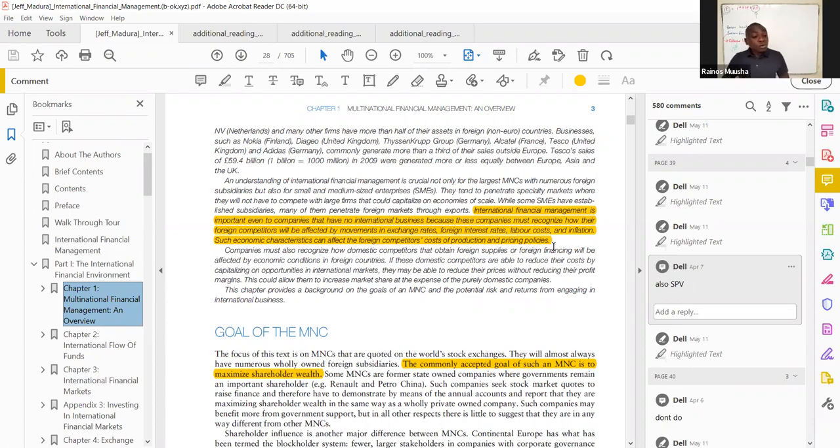Because the world is now becoming a global village, it's no longer the same as back in the days where, if you were having a store, for example in a rural area, the only source of supply that the customers knew was basically that store in the township.